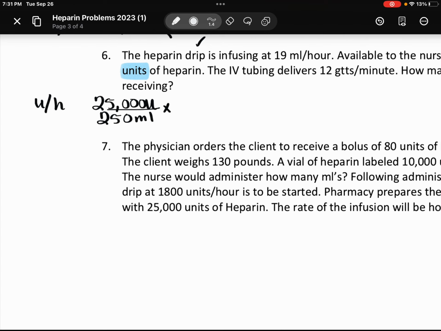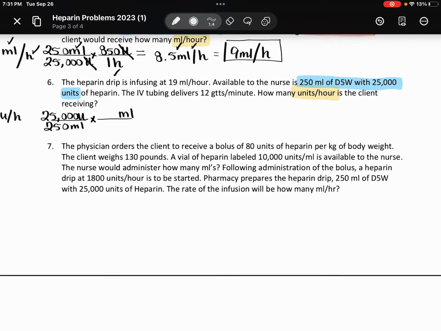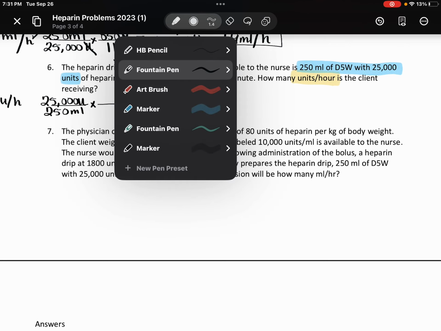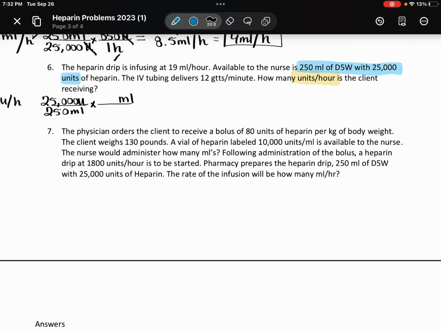Now I need to get rid of this milliliters, so I'm going to bring it to my top. Where in my problem does it state anything about milliliters? Says 19 milliliters per hour. So I'm going to use that.